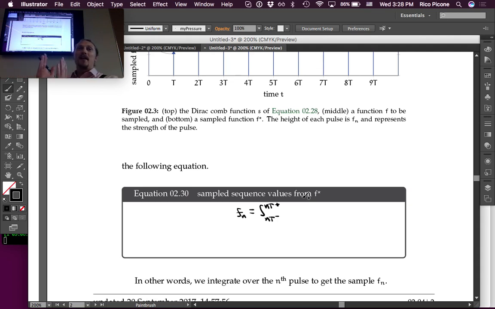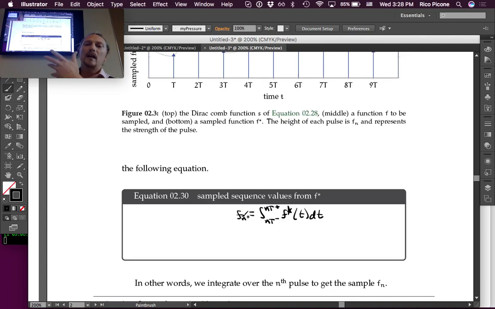But the only place that it matters is the integral over the pulse, right? So we're going to integrate just over the pulse. And if we do that for f star of t dt, that's what our sample value is going to be.